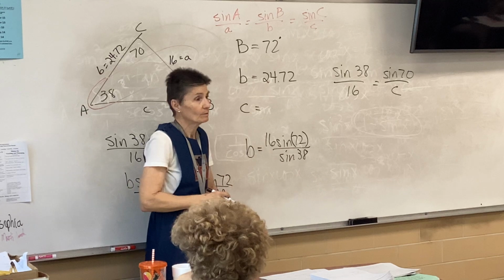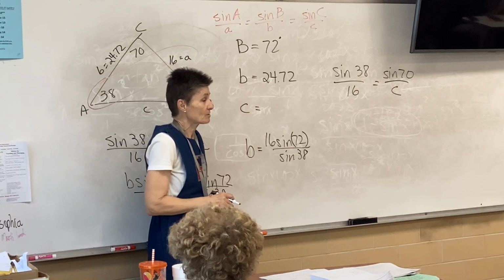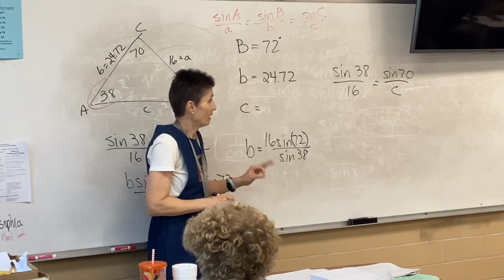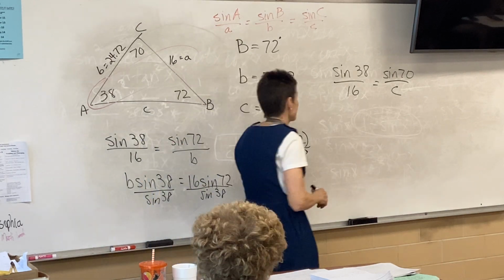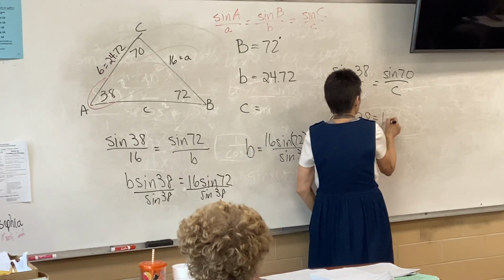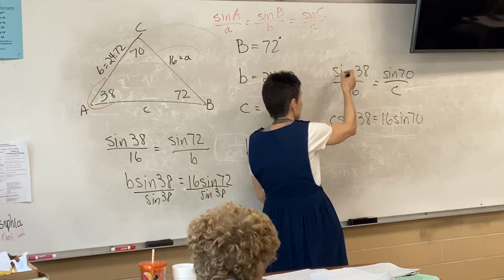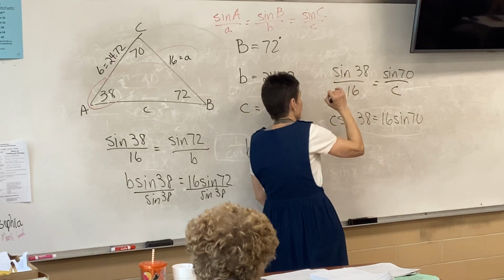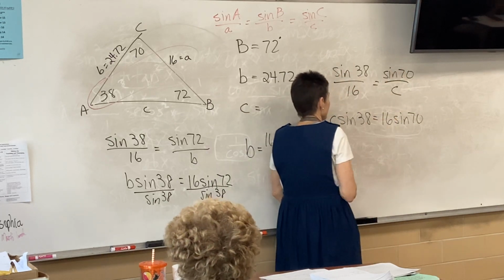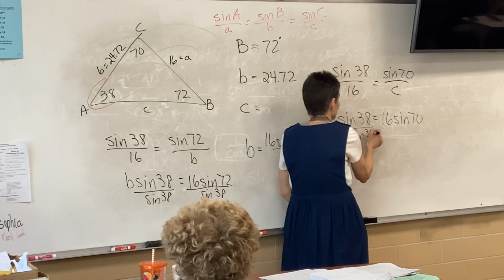Law of sines. It's a breeze. There's one little thing about it that's tricky we'll talk about, but for the most part, it's a breeze. So C sine 38 equals 16 sine 70. I'm just cross multiplying. C times sine 38, 16 times sine 70, and then I'm going to divide by sine 38.